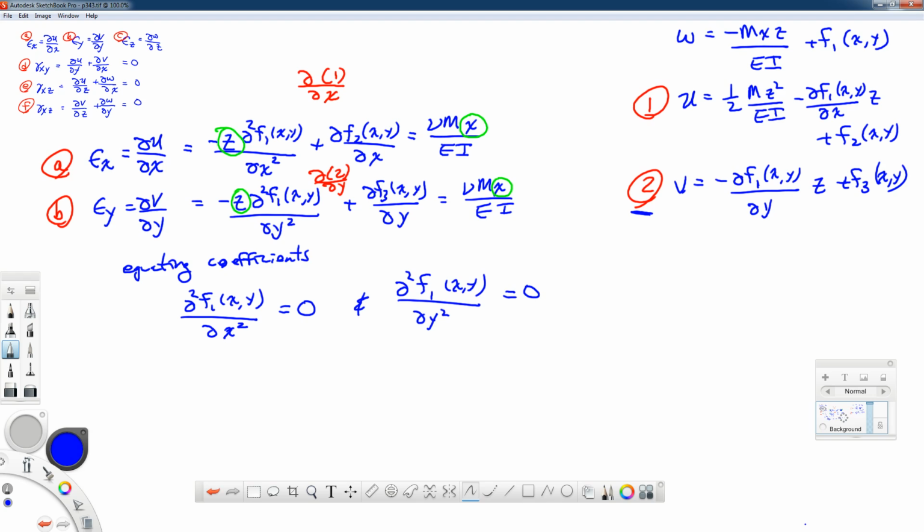And if that's the case, then we're left with these two things being equal to one another.